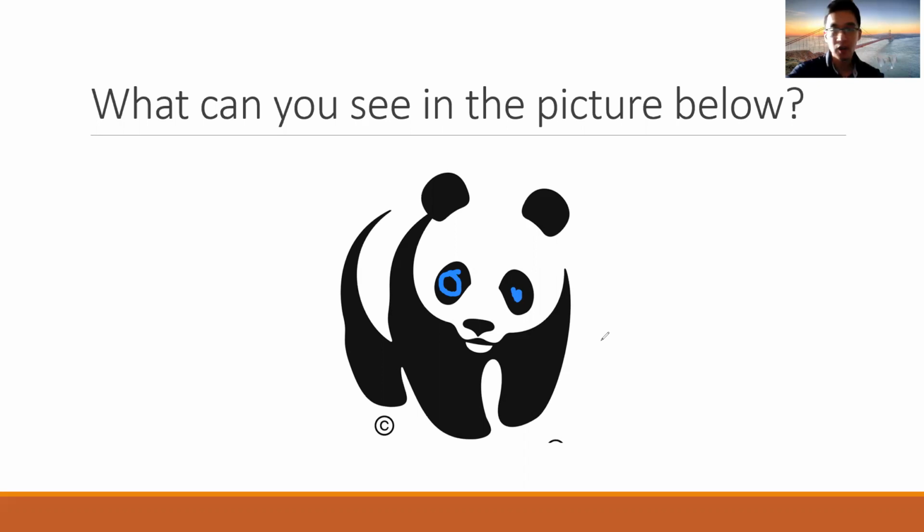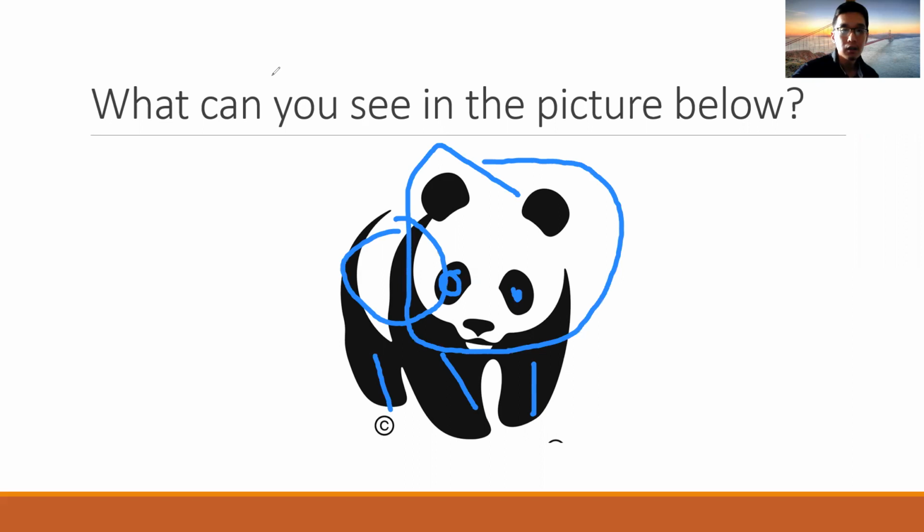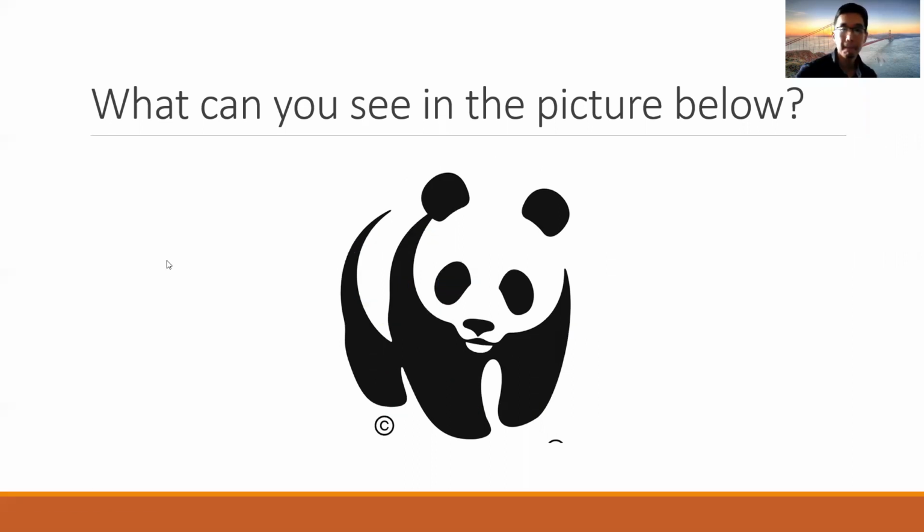The face is white, but the parts that surround the two eyes are black. The ears are also black. There are three legs, and that's the body of the panda, and that's the head of the panda right here. So that's what we can see.